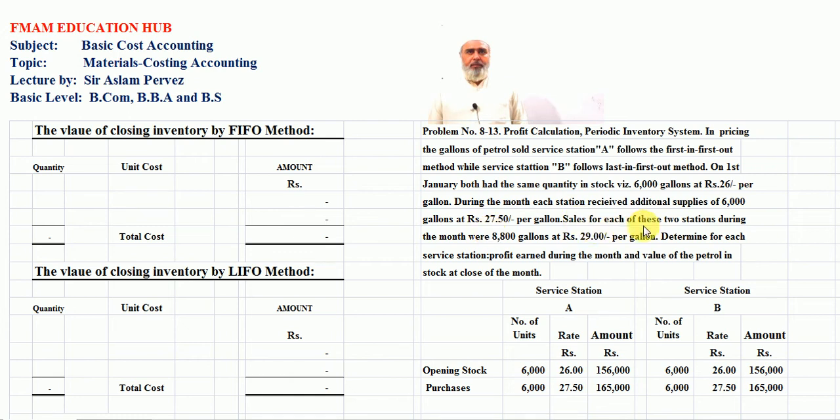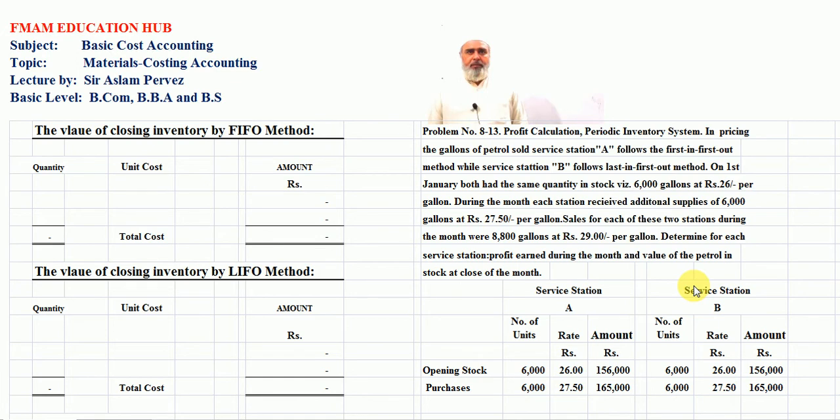Sales for each of these two stations during the month were 8,800 gallons at rupees 29 per gallon. Determine for each service station the profit earned during the month and the value of the petrol in stock at closing of the month.